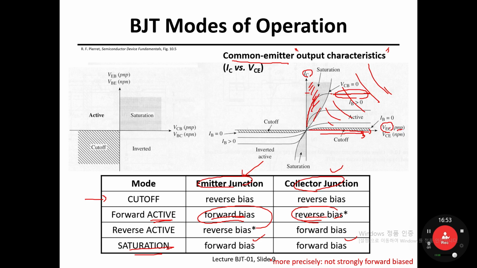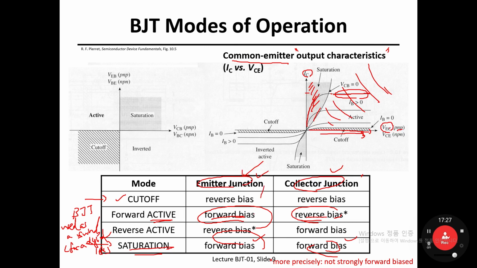However, if both the emitter and collector junctions are forward biased together, then the BJT is working as a kind of resistor. If we use cutoff mode and saturation mode alternately, then this BJT can be used as a kind of switch. This would be used for digital logic.